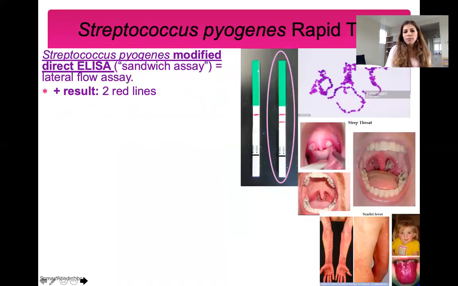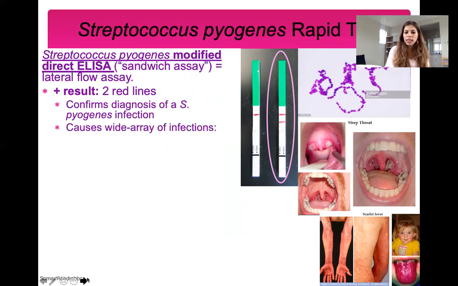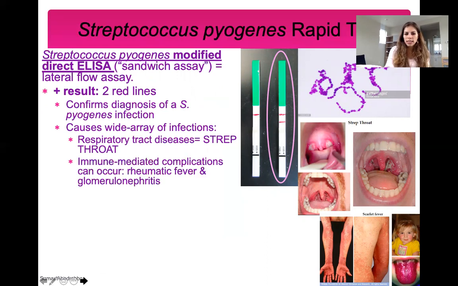Again, with this modified ELISA that we're using to test Streptococcus pyogenes, 2 lines indicates a positive result, confirming diagnosis of Streptococcus pyogenes infection, and this causes many different infections. I use strep throat because that's common, but Streptococcus pyogenes, the bacterium, can cause many, many different infections, similar to Staphylococcus.